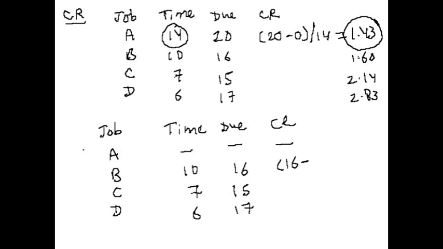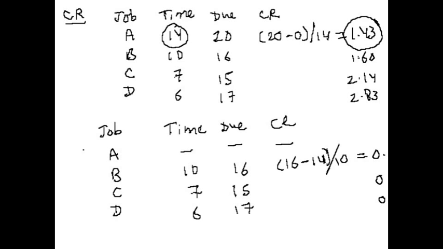Earlier we used 0, but now we use 14, because when job A was completed, we had completed 14 days. So 16 minus 14 divided by 10 gives you 0.2. And then you have 0.14 and 0.50.